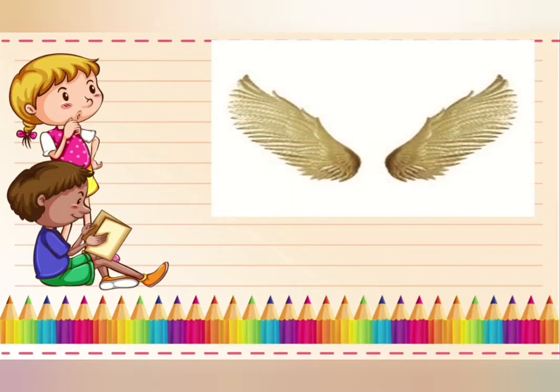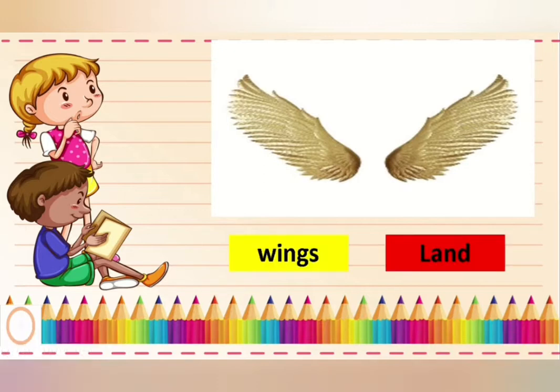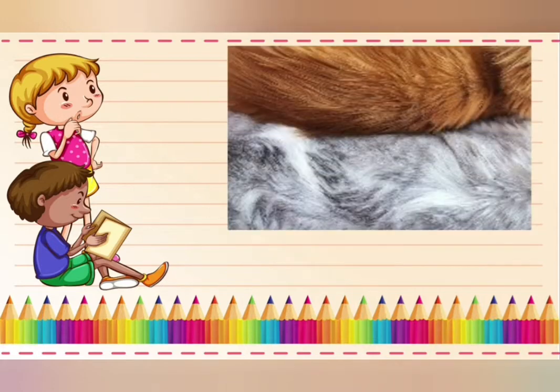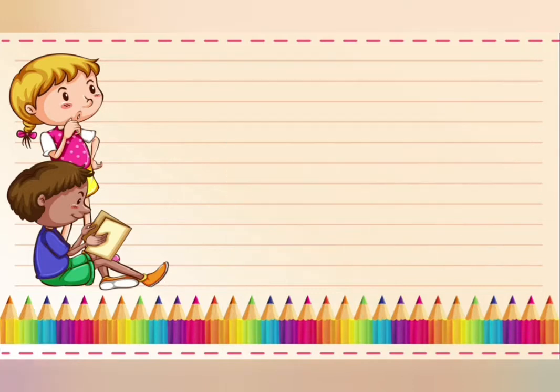Next picture. The answer is wings and habitat is land. Next. The answer is fur and the habitat is land.